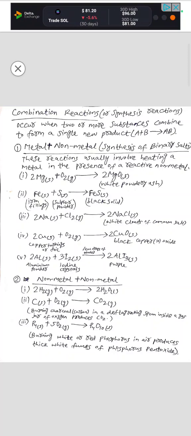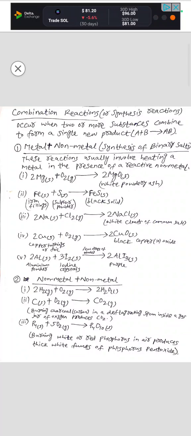Here in this reaction, burning charcoal, that is carbon, in a deflagrating spoon inside a gas jar of oxygen produces CO2, carbon dioxide gas. Then another example is phosphorus. P4 plus 5O2 gives rise to P4O10, phosphorus oxide.